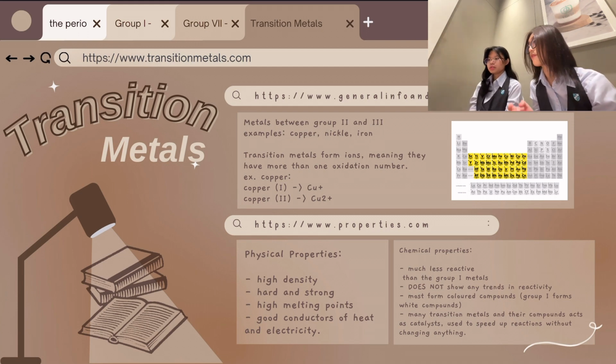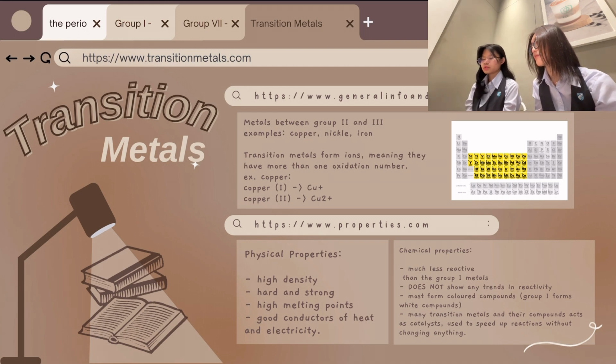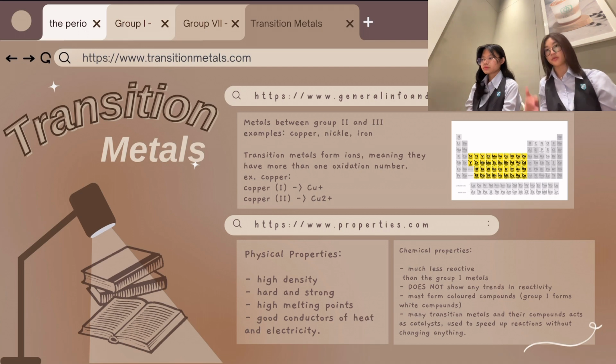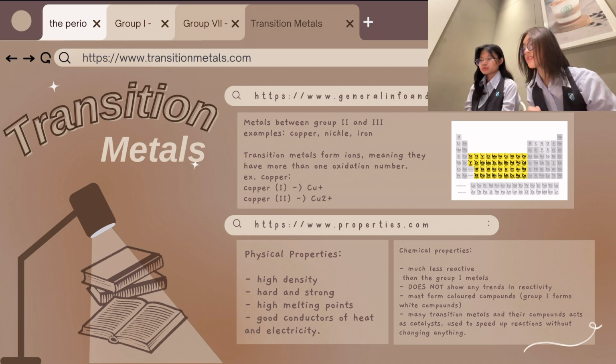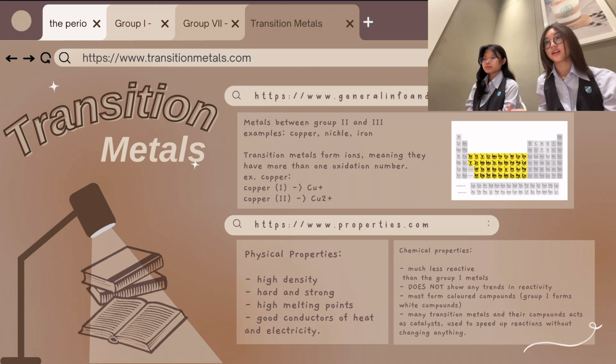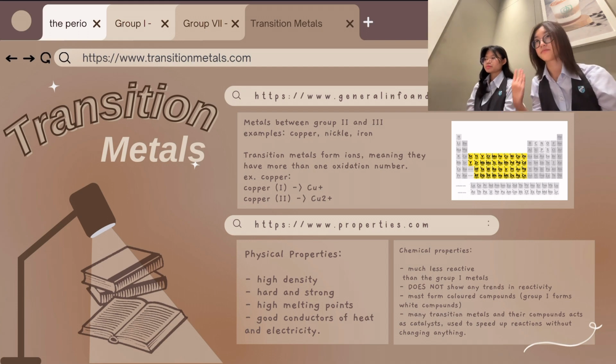Transition metals form ions, meaning they have more than 1 oxidation number. For example, copper has Cu+ and also Cu2+ because they don't have a specific spot in the group. Therefore, their ion charges aren't set or constant.